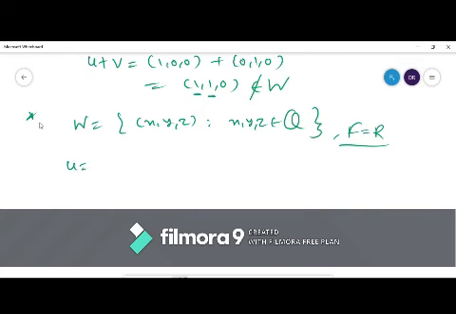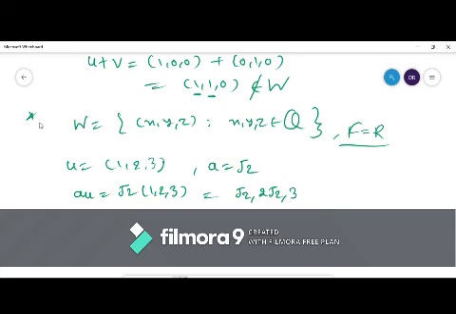If we take u is equal to (1, 2, 3) and a is equal to root 2, then au is equal to root 2 into (1, 2, 3), which is equal to (root 2, 2 root 2, 3 root 2). This doesn't belong to W because root 2 is not a rational number, hence this is not a subspace.